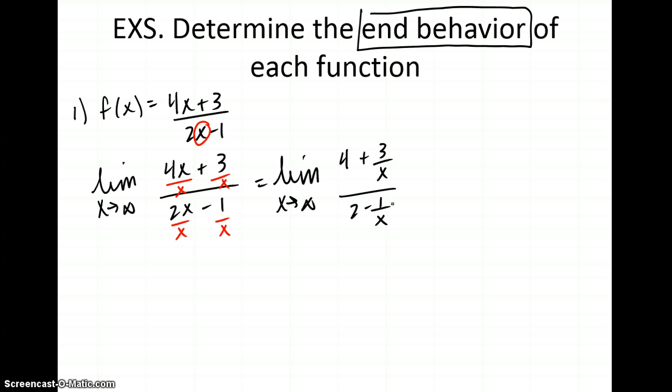Now we find the limit of each term individually. Well, the limit as x approaches any real number or infinity of a constant is just itself. Using the theorem we just talked about, 3 over x, that limit is going to approach 0. 2 stays put, and this limit will approach 0 as well.